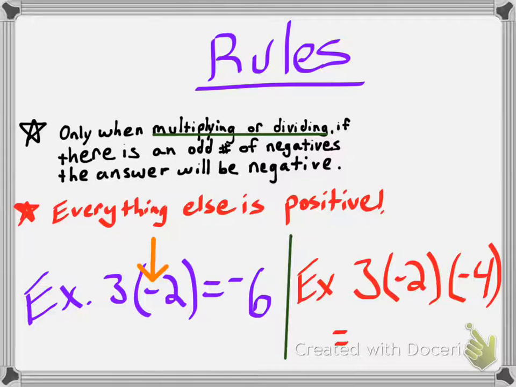Now let's look over here. 3 times 2 is 6. 6 times 4 is 24. Now let's see the negatives. We have 1, 2. 2 negatives. Since that's an even number of negatives, it's positive. So we have a positive 24. You don't have to write the positive sign because it's understood. So there we go.